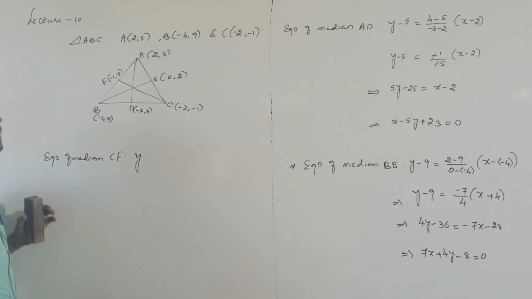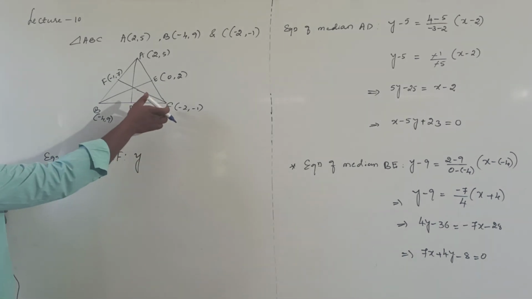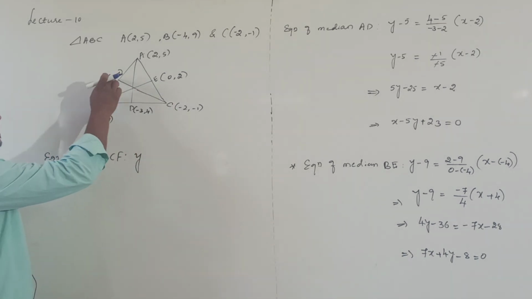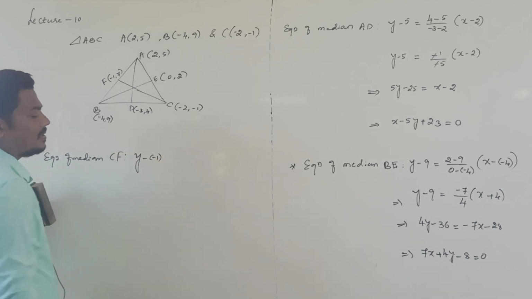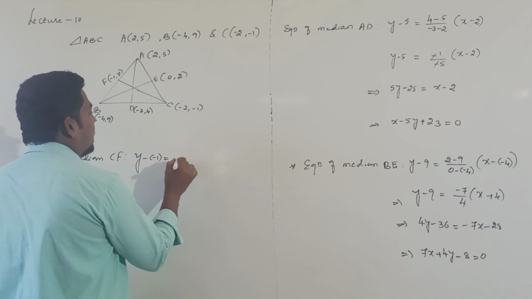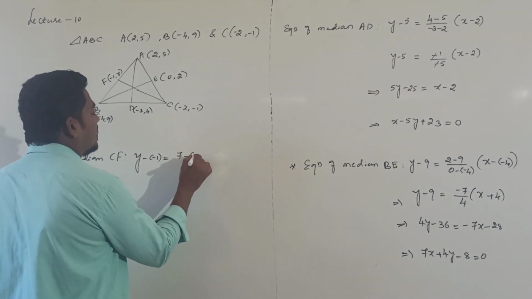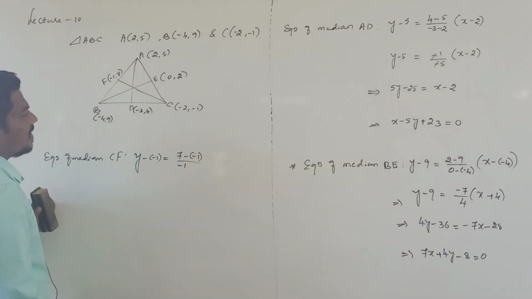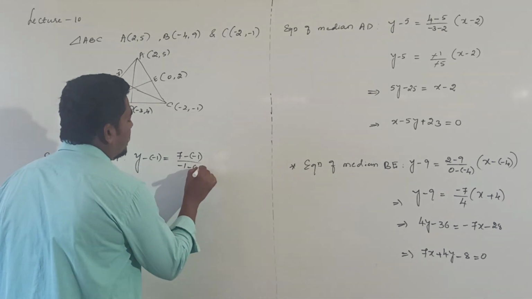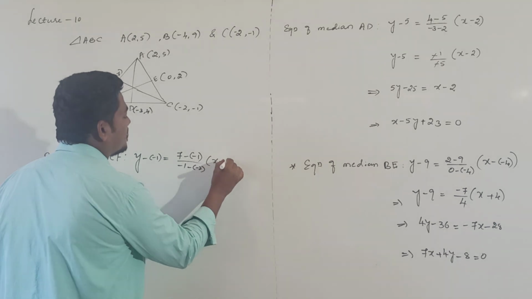Same formula, use the 2-point formula. While finding the CF equation, x1 y1, it is x2 y2. y minus y1 here, y minus of minus 1, right? That's equal to y2 minus y1, 7 minus of minus 1, divided by x2 minus x1, that is minus 1 minus of minus 2, into x minus x1 here.